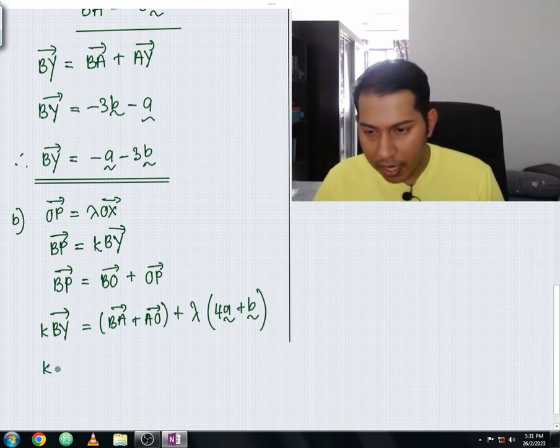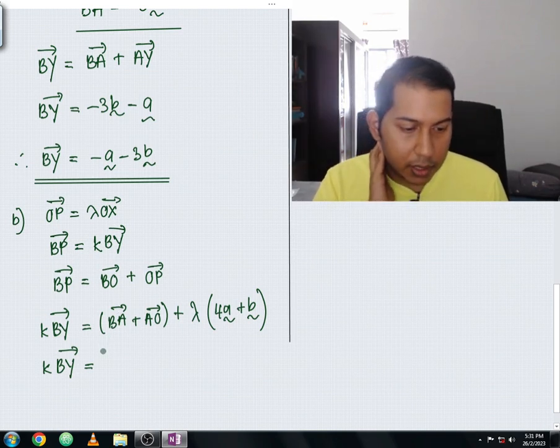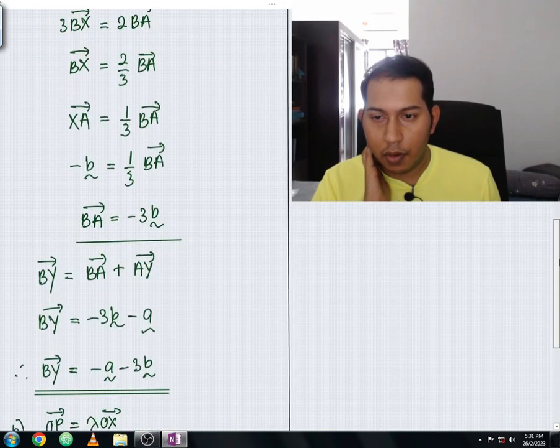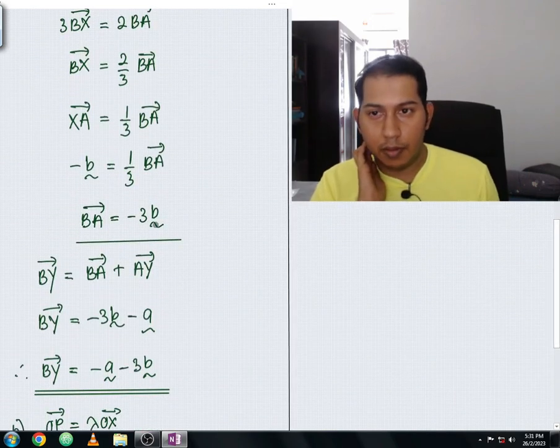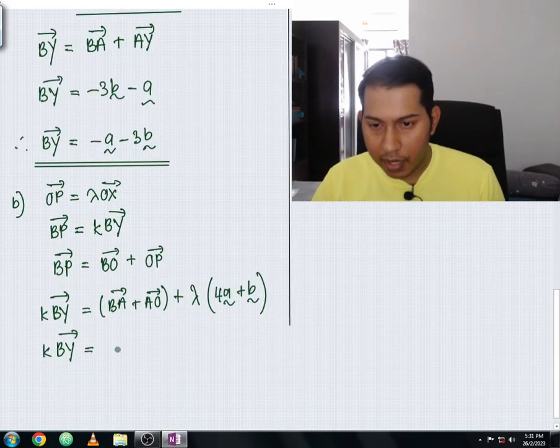So K times vector BY is equal to vector BA, which we have already gotten as negative 3B in our early discussion. So negative 3B.